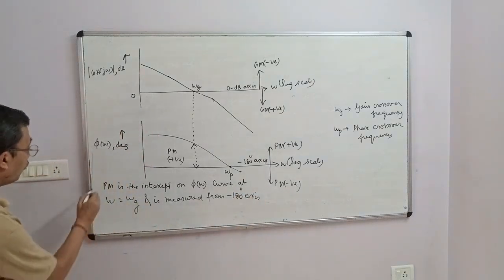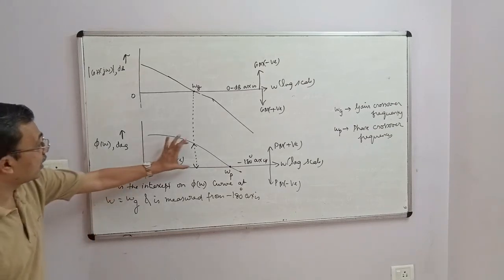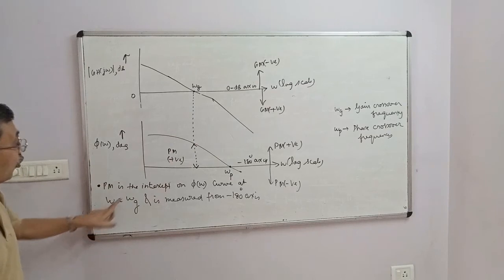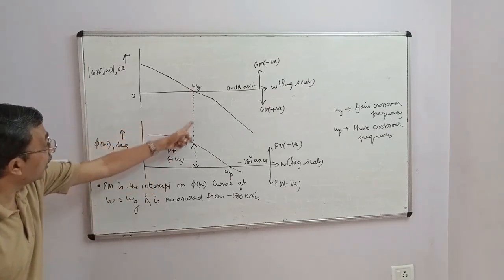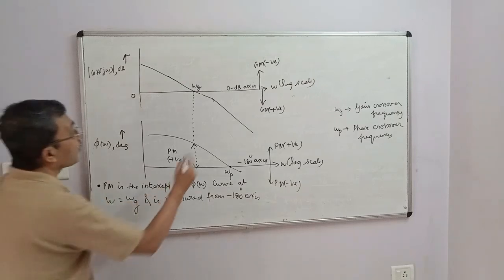So what I have written: phi of omega pm is the intercept on phi of omega curve at omega equal to omega g, and is measured from minus 180 degree axis.